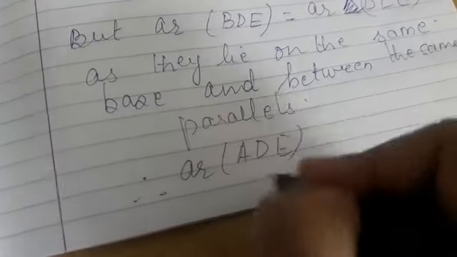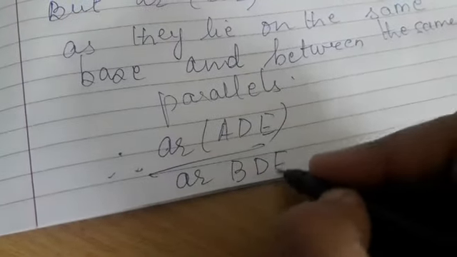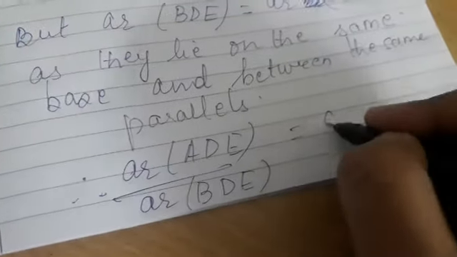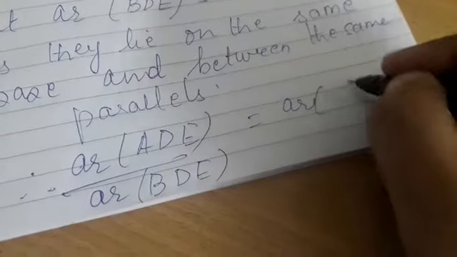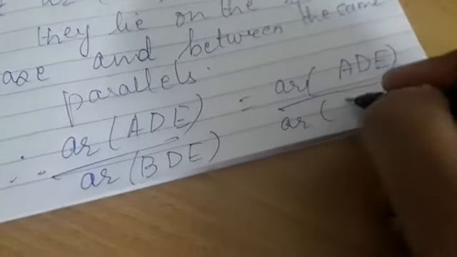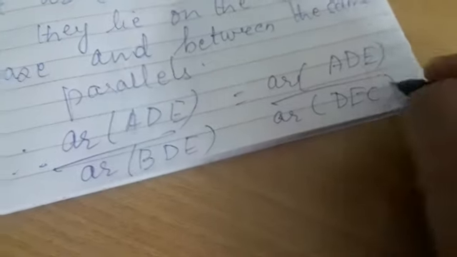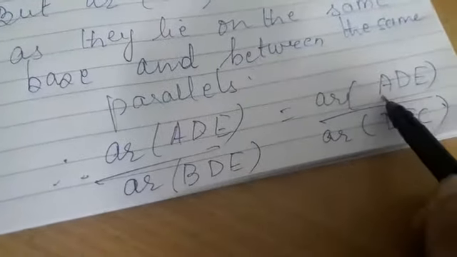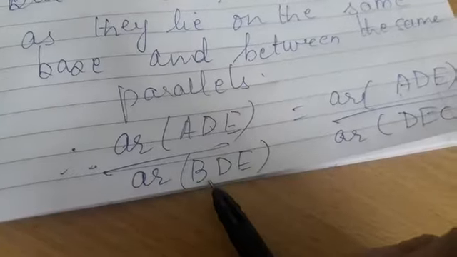So therefore now when you compare, we'll write area of ADE upon area of BDE is equal to area of ADE and area of DEC. Now you know that these two parts are equal, and we have proved that area of BDE is equal to area of DEC.